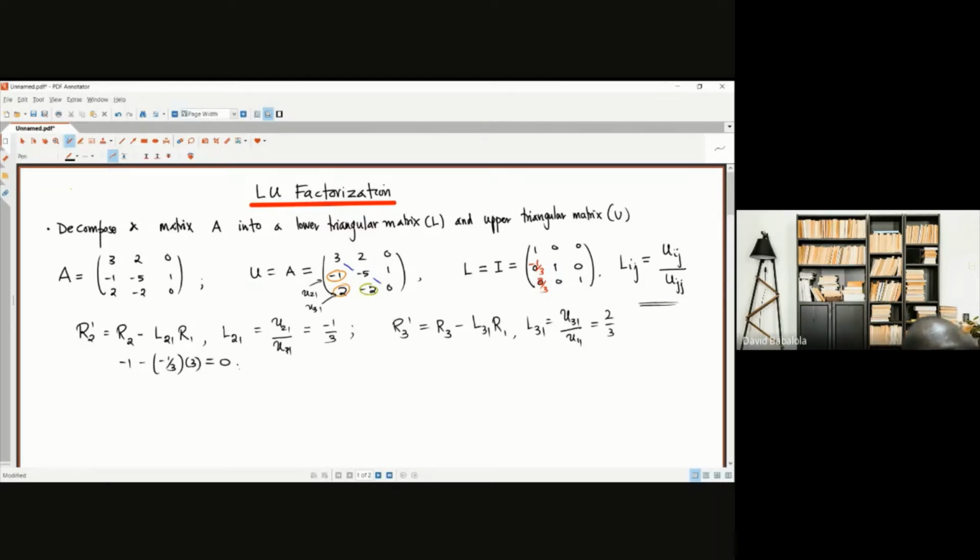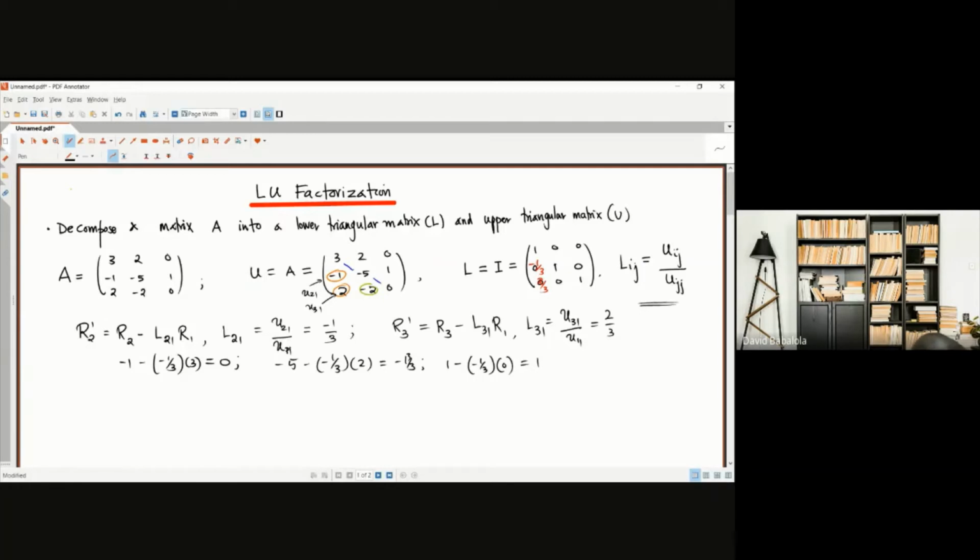The second entry, which is minus 5, will be minus 5 minus 1 over 3 times the corresponding entry in row 1, and that will give us minus 13 over 3. And the third entry will be 1 minus 1 over 3 times the corresponding entry in row 1, that will be 1.